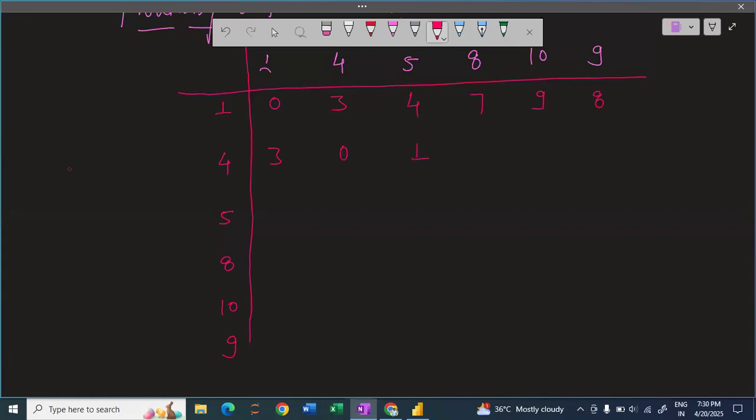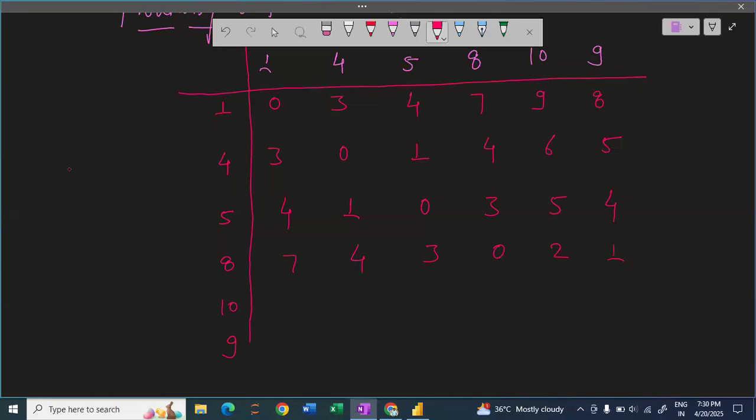Then 4. Then 6. Then 9 minus 4 is 5. Then 5 minus 1 is 4. Then 1. Then 0. Then 3. Then 5, 4, 7, 4, 3, 0, 2, 1.